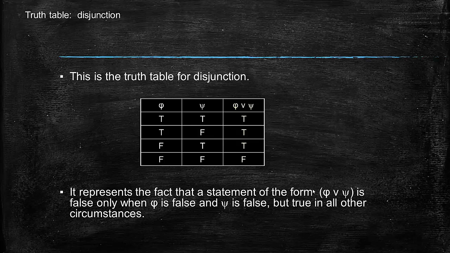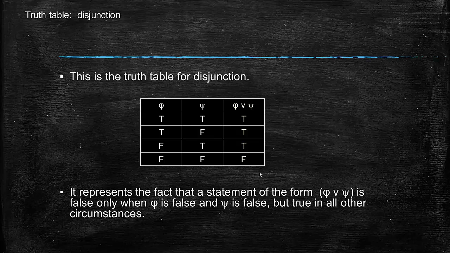Okay, well, this is disjunction, or, and what the truth table for disjunction tells us is it's kind of the opposite of and. It represents the fact that a statement of the form phi or psi is false only when both phi and psi are false and true otherwise.